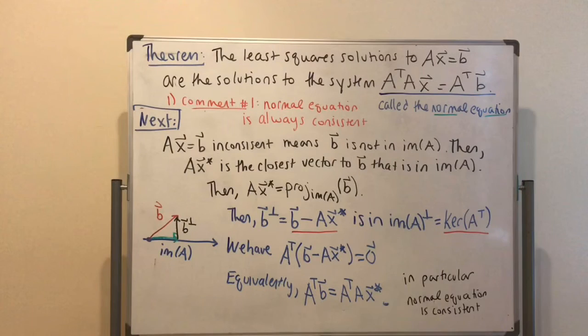You see a few things here. Number one, the least squares solution really comes from projection. And then we see that minimizing the length of B minus AX star is really equivalent to solving the normal equation. Finally, we see the normal equation is in fact consistent.